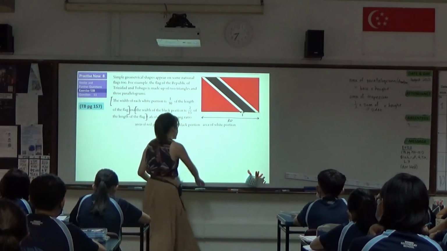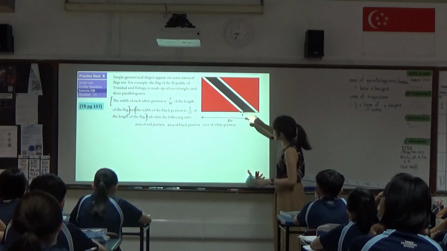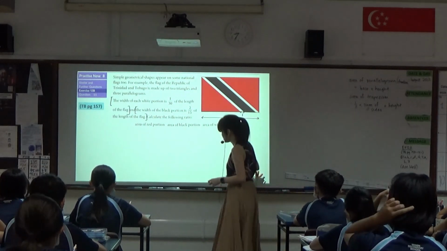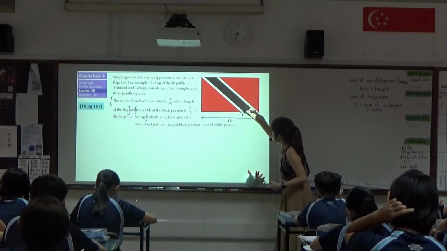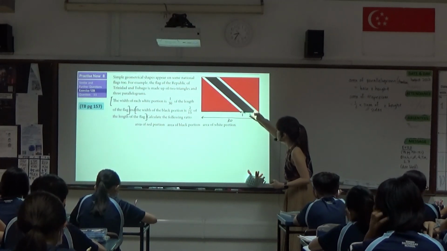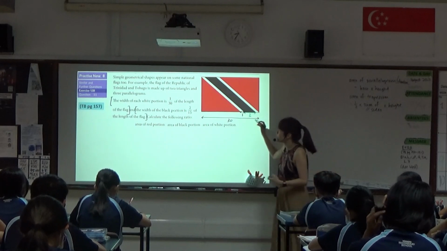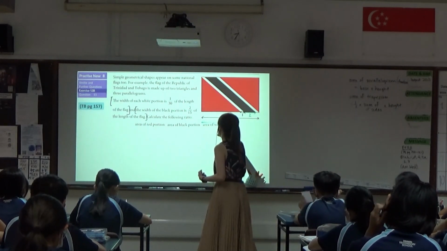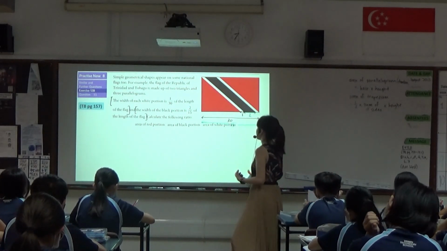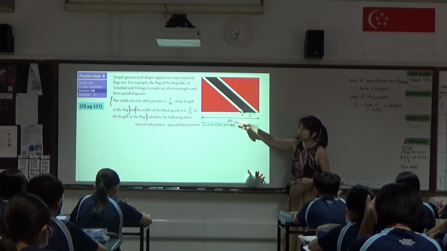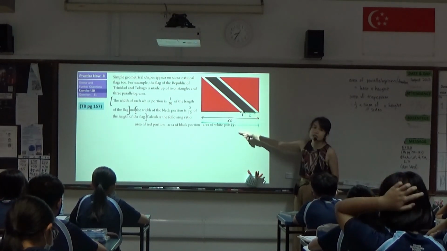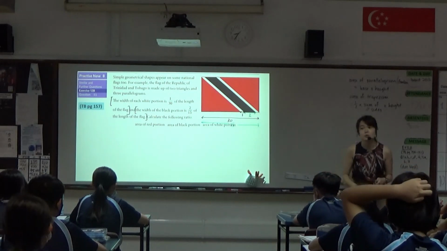In other words, the black portion which is here, maybe I should use green pen. So if this were to be 2 units, the entire length of the flag is 15. But we notice that down here 30 units, the proportion is 1:30, while the other one is 2/15. It can be very confusing.